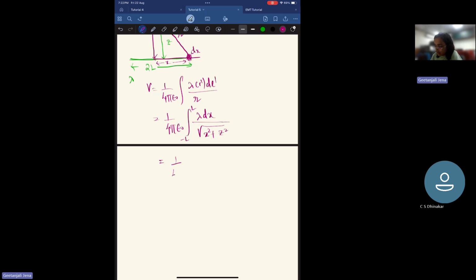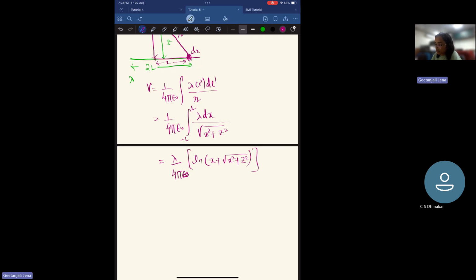For this, if you recall, you need to remember the steps to find out the integration because these are crucial. This will take a significant amount of time if you don't know how to calculate. So 1 by square root x square plus z square, if you recall, this will be ln of x plus square root x square plus z square.